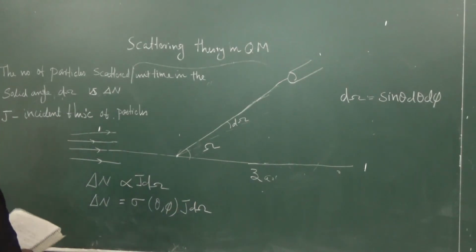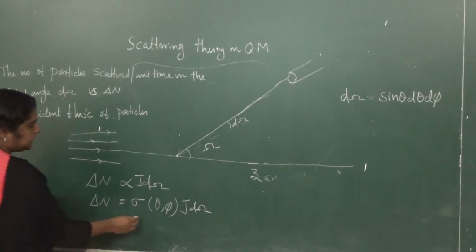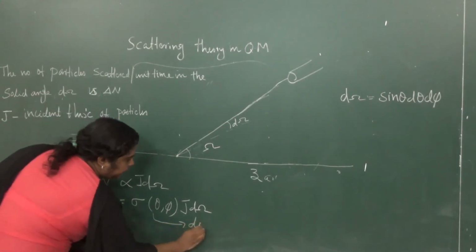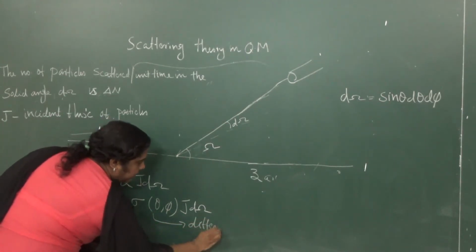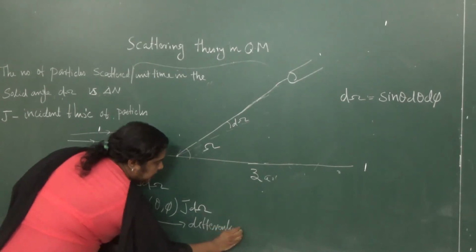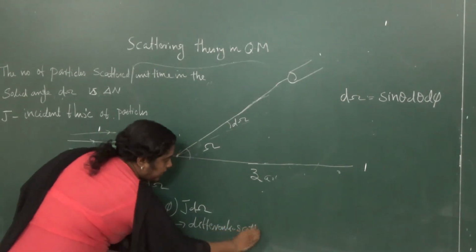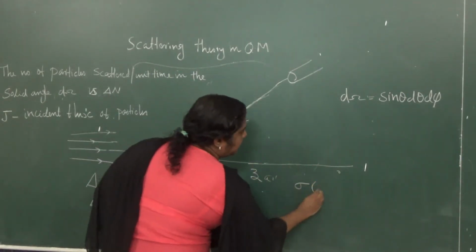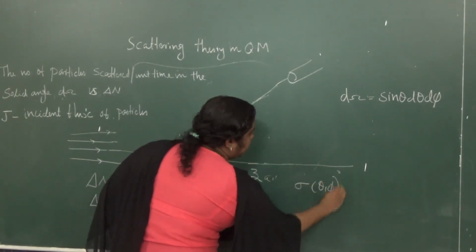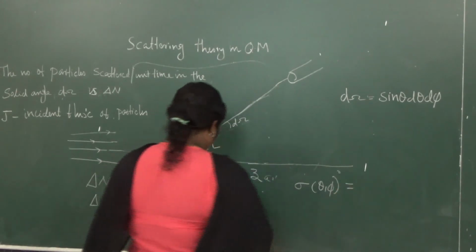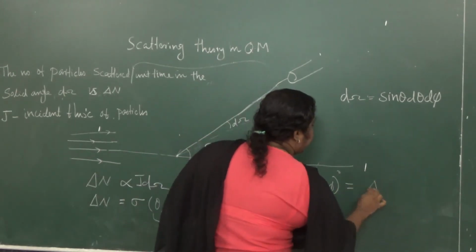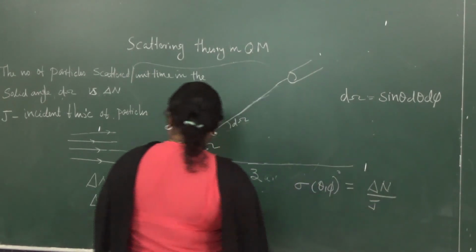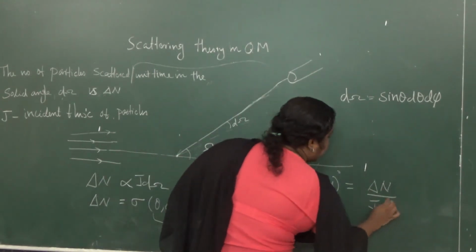Okay, this proportionality constant sigma theta phi is called the differential scattering cross section. So I can write sigma theta phi equal to what? Delta n by J d omega.